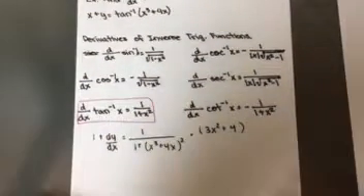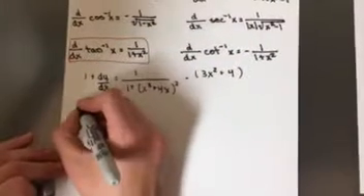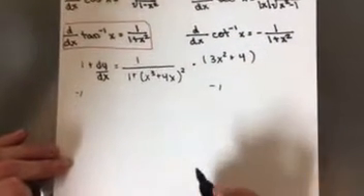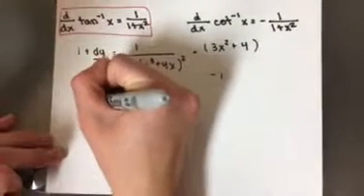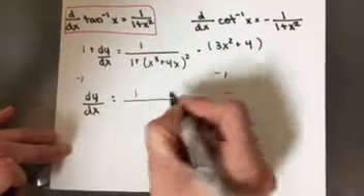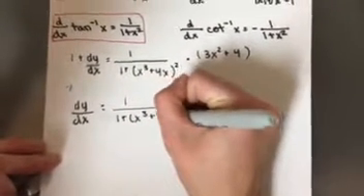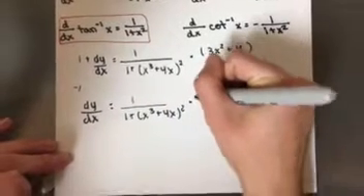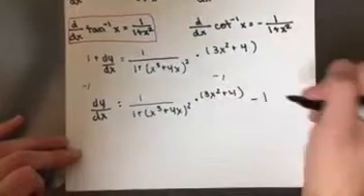So then you're going to subtract the 1 on both sides, so you can get dy/dx on one side, so dy/dx equals 1 over 1 plus (x cubed plus 4x) squared times 3x squared plus 4, minus 1.